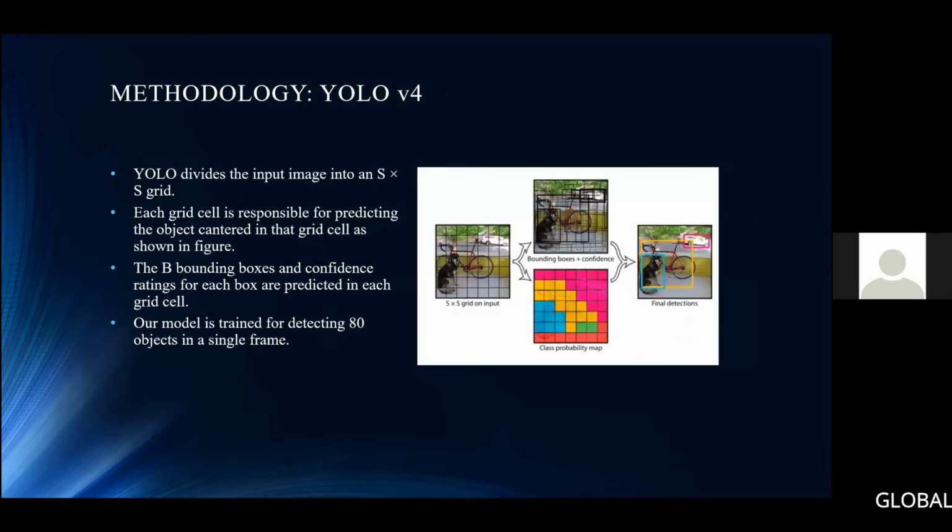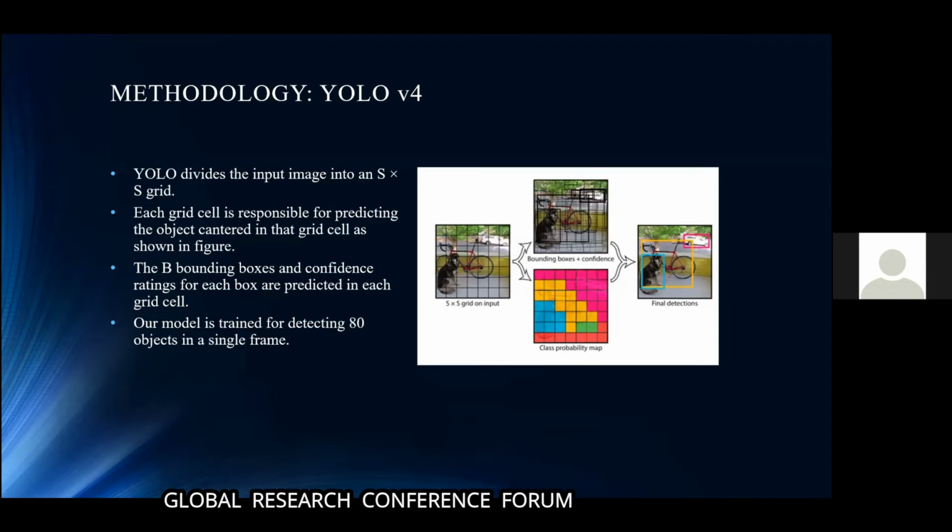Talking about the methodology of YOLO, YOLO divides the input image into an S by S grid. Each grid cell is responsible for predicting the object in it. YOLO works on the probability of classes. I have trained my model for 80 classes. In this picture, as you can see, there is a dog, a cycle, and a car.